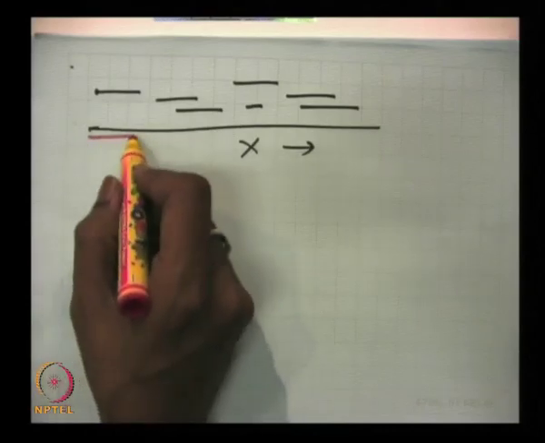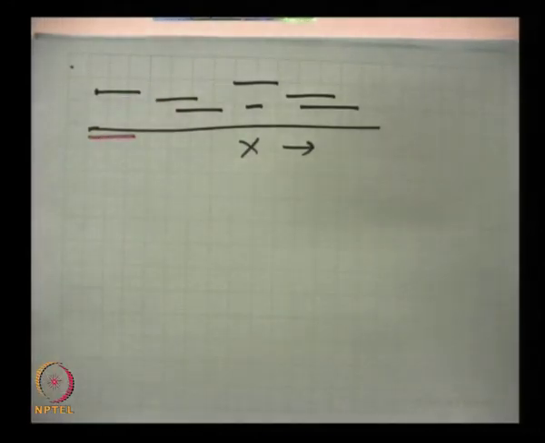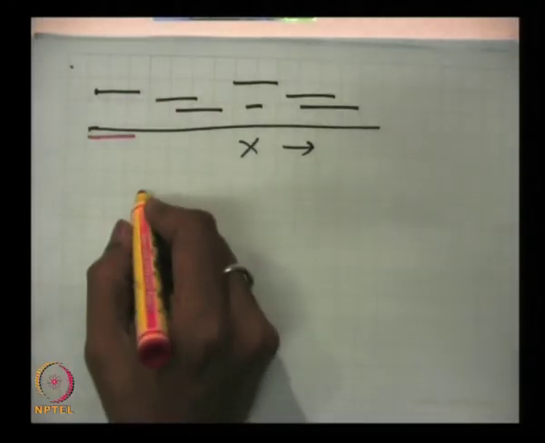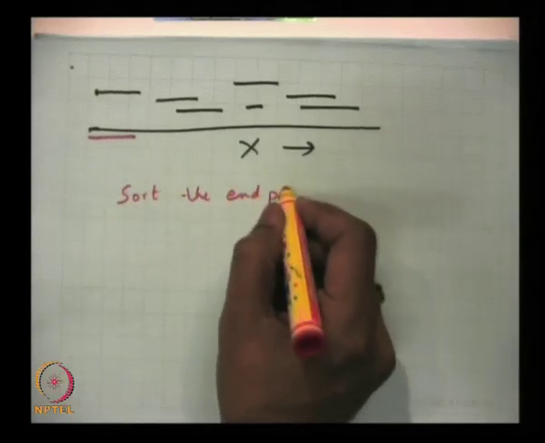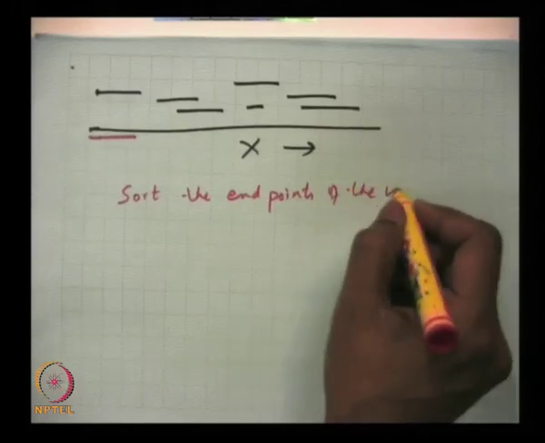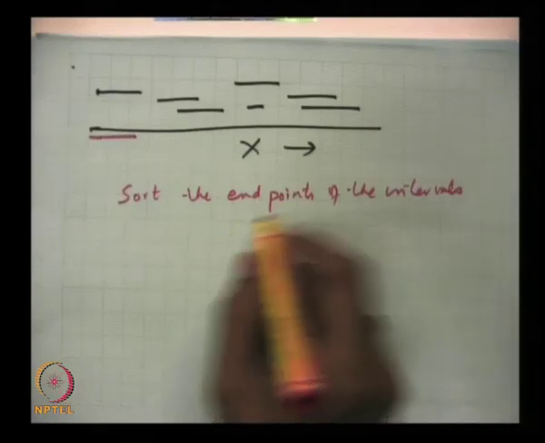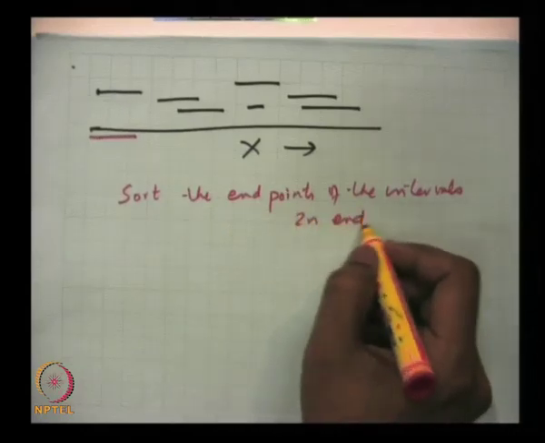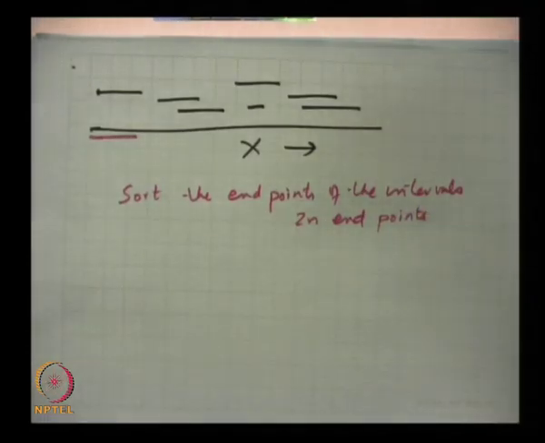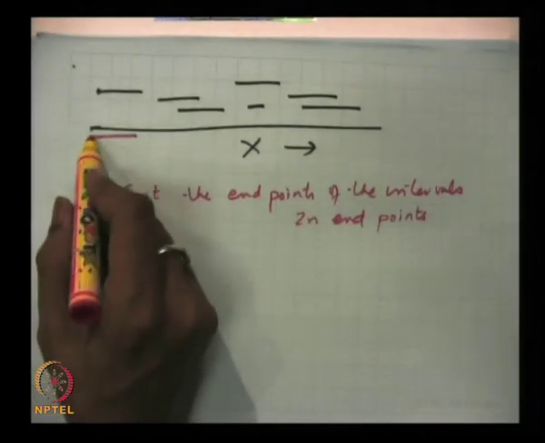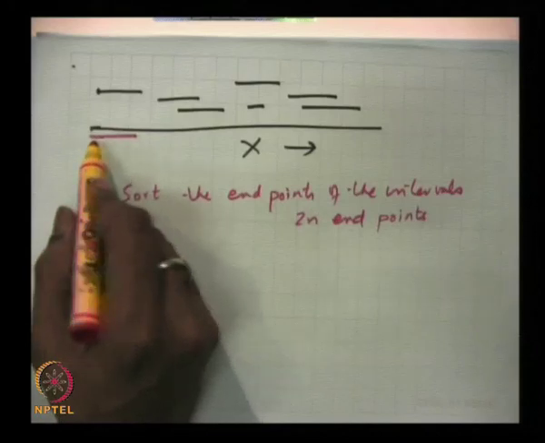We first sort the endpoints of the intervals. Okay. So, there are two endpoints to be sorted, fine. I do that, and then I start walking from the leftmost endpoint of the interval.